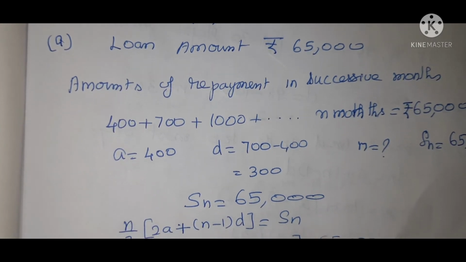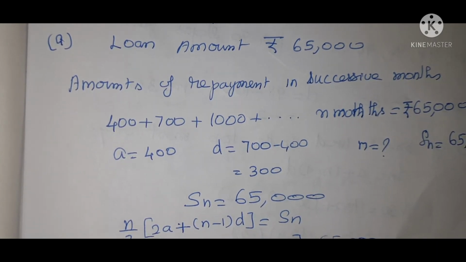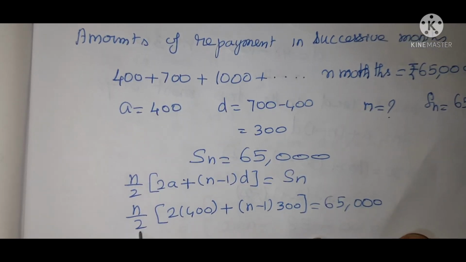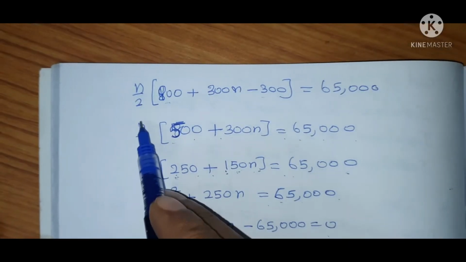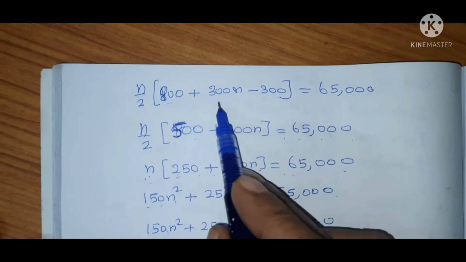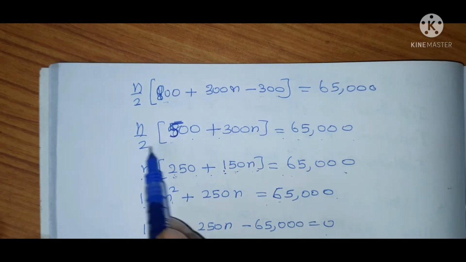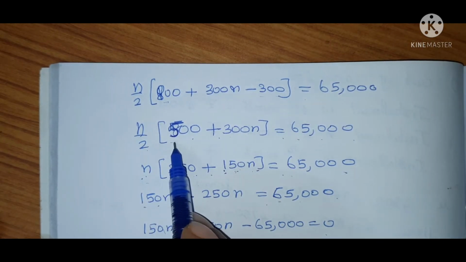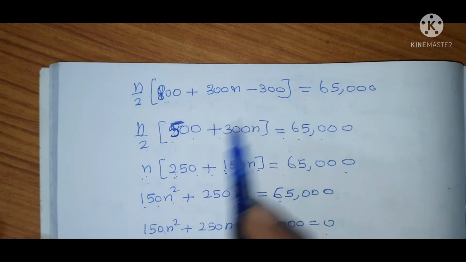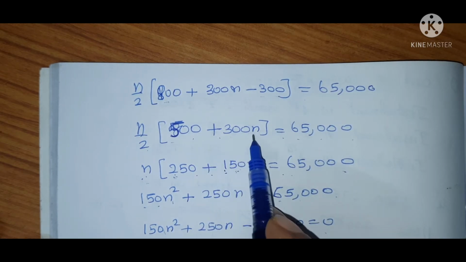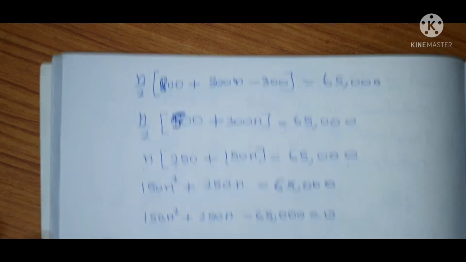Sn formula is n by 2 into 2a plus n minus 1 into d. n by 2 into 2 into 400 plus n minus 1 into 300 is equal to 65,000. n by 2, 800 plus 300n minus 300 is equal to 65,000. n by 2, 800 minus 300, 500 plus 300n is equal to 65,000.